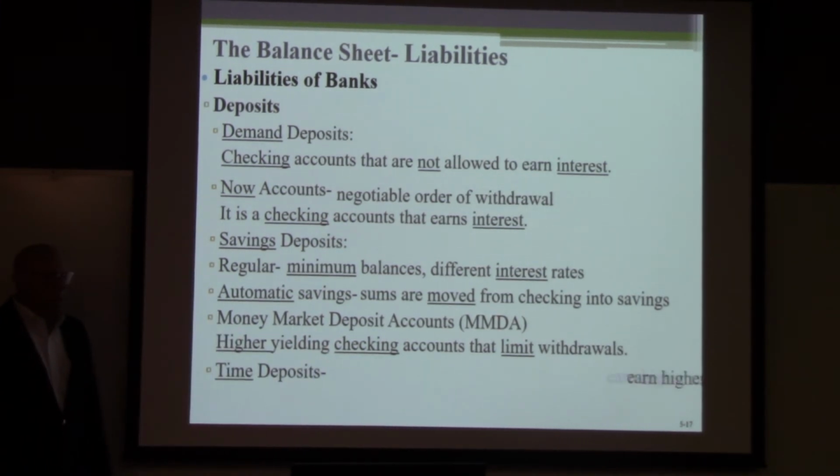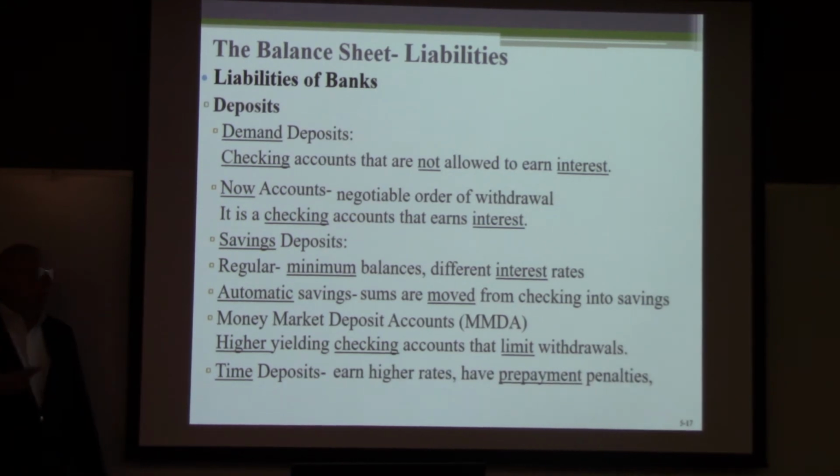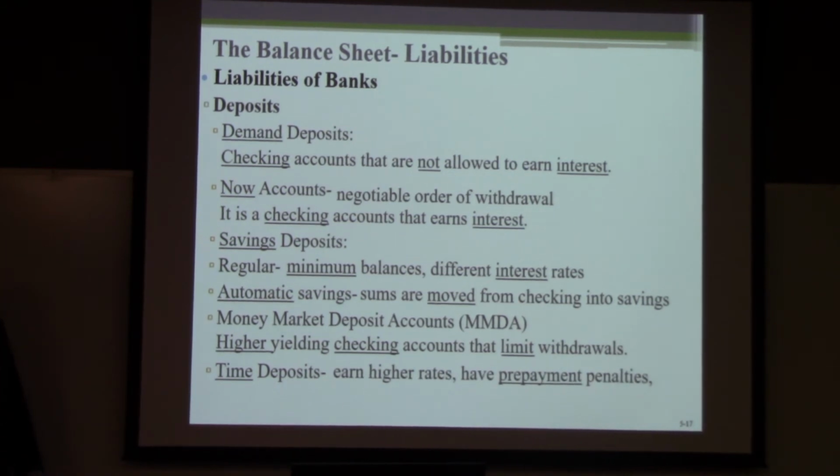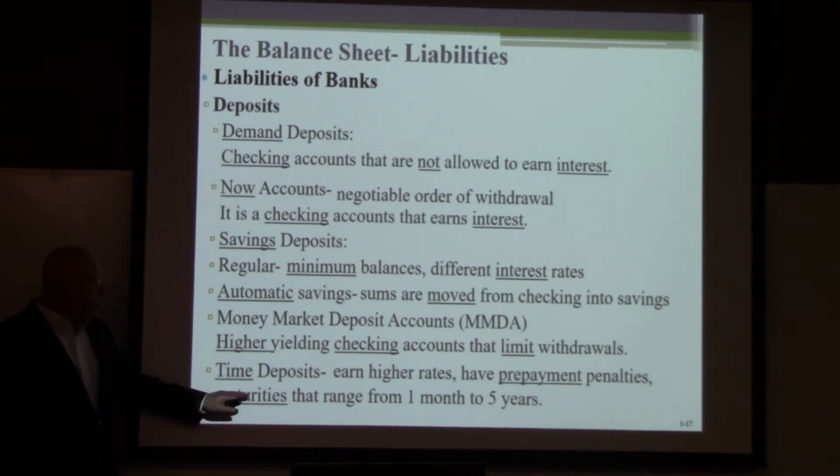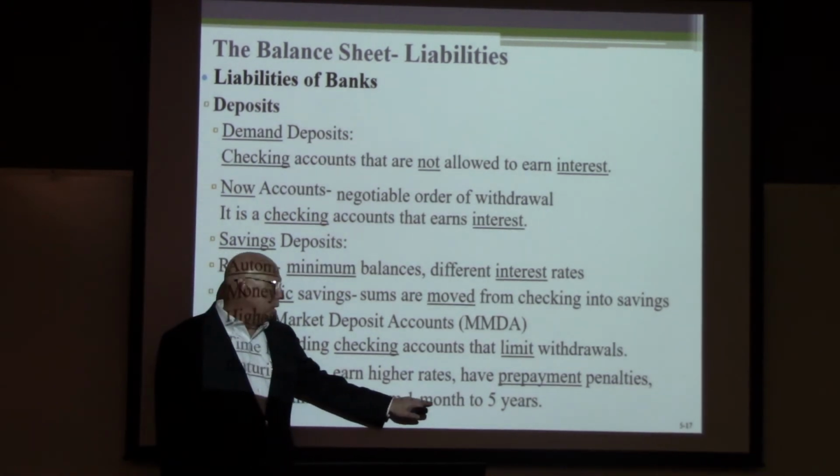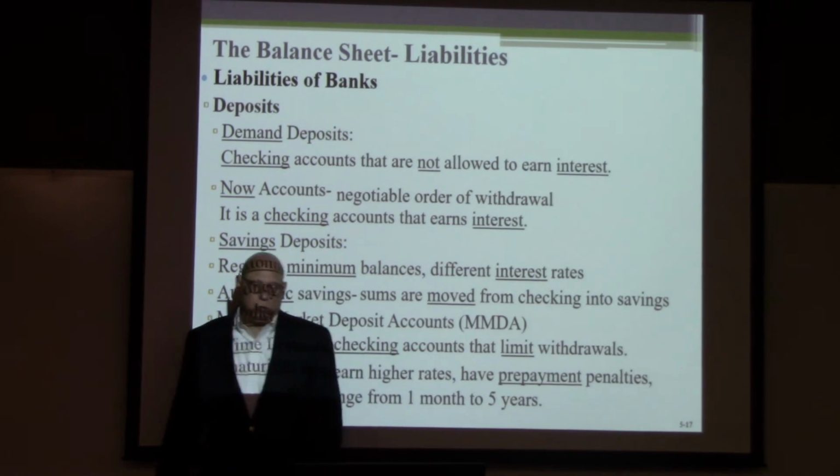And then you have time deposits, and these earn even higher rates. These are CDs, and they have prepayment penalties. If you cash them out early, you have to pay a penalty. And the maturities range from a short 1 month to all the way up to 5 years.